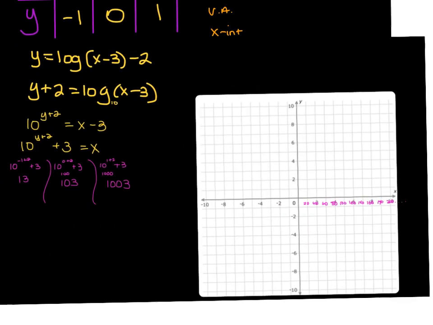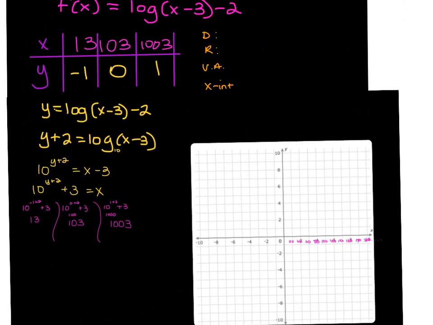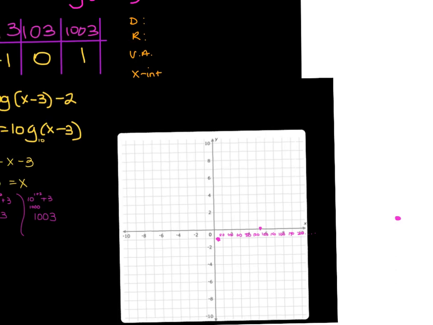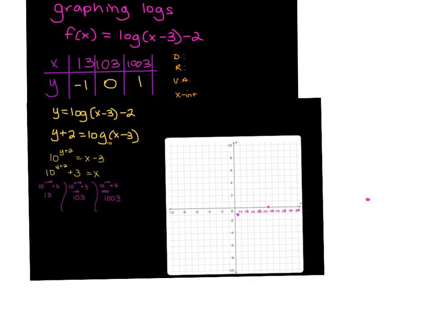So when I plot those points, the first one is 13, -1. And then 103, 0. And then the next one is 1003, 1. So all the way over here. And again, that's a hard curve to draw until you know where it starts to curve, which is based on, this time, your vertical asymptote.